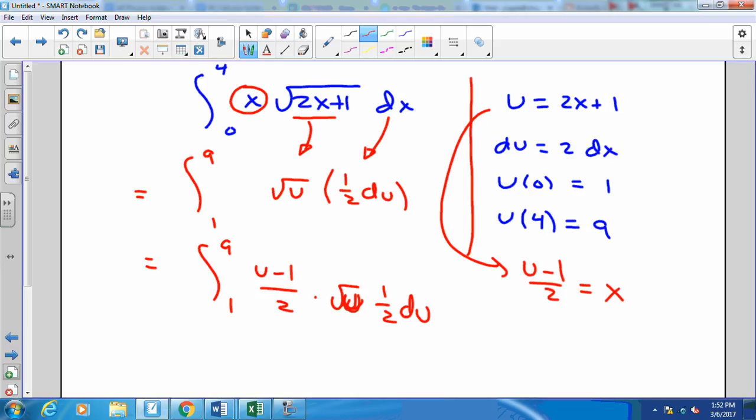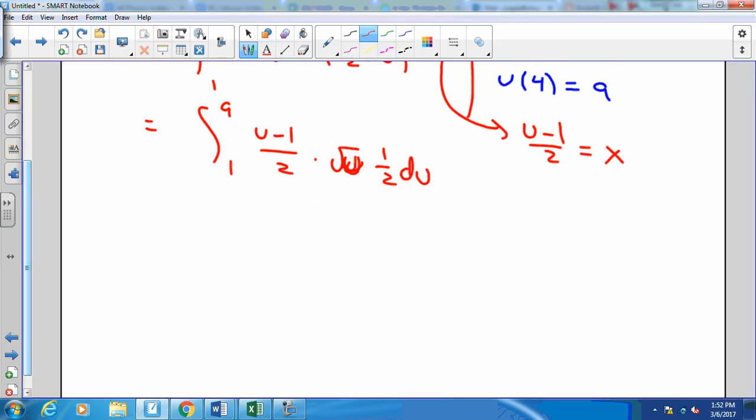Now it's ugly, but before I panic, I'm going to do the necessary algebra and see if anything nice pops out. Out comes a factor of 1/2 here, and out comes a factor of 1/2 here, so that I get 1/4 on the outside.